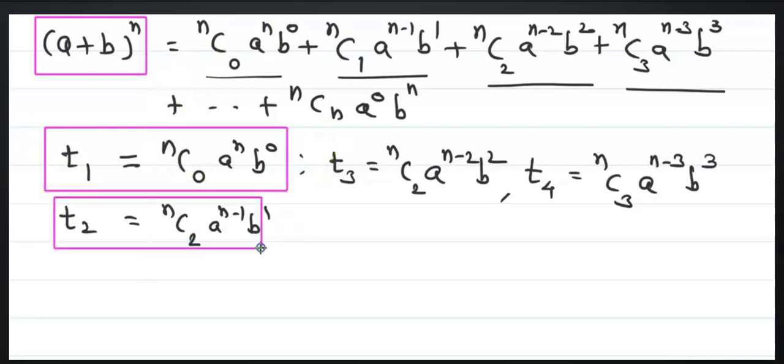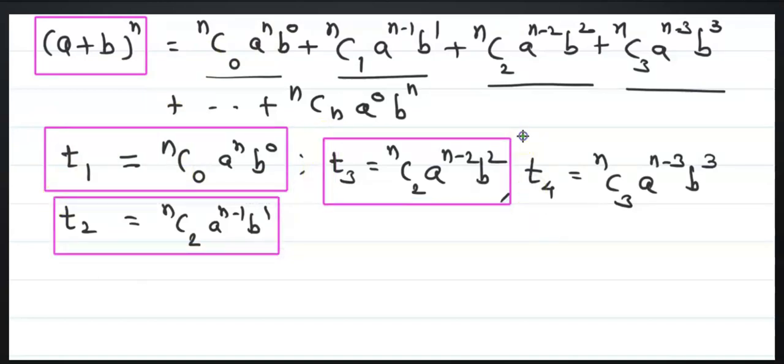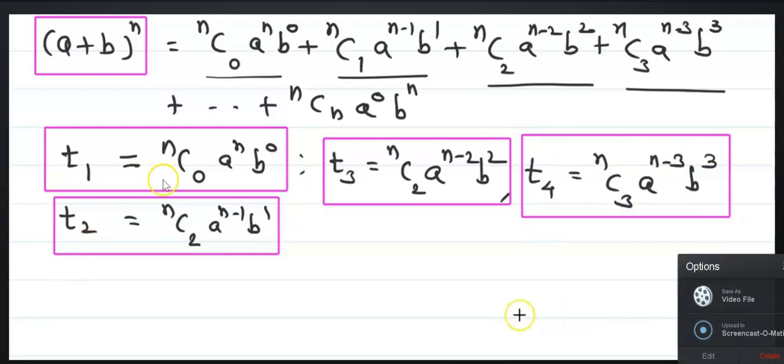These are the terms in the expansion. Now see this here, t1 is equal to nC0 a raised to n b raised to 0, t3 is equal to nC2 a raised to n minus 2 b square, t4 is equal to nC3 a raised to n minus 3 b cube, t2 is equal to nC1 a raised to n minus 1 b.